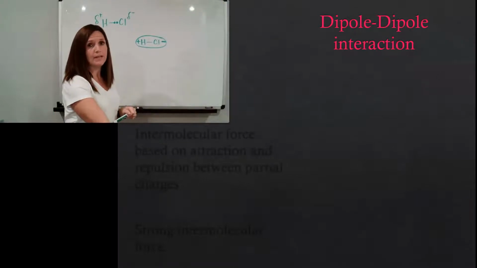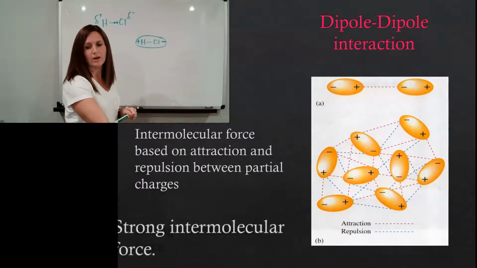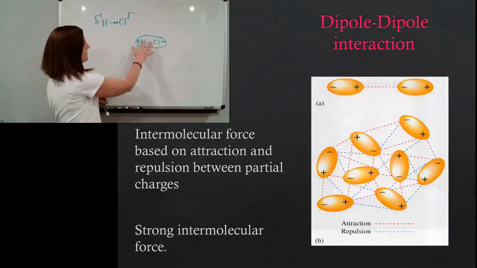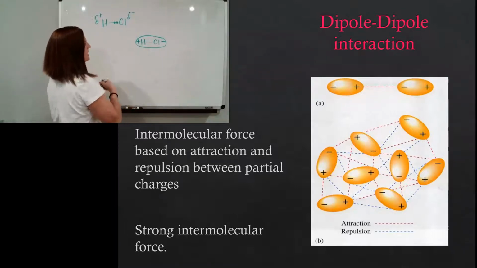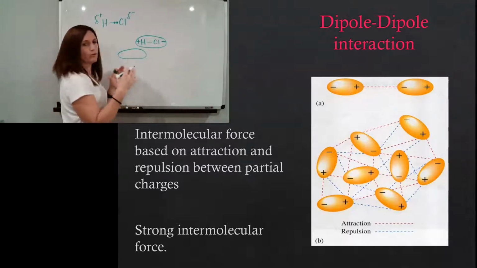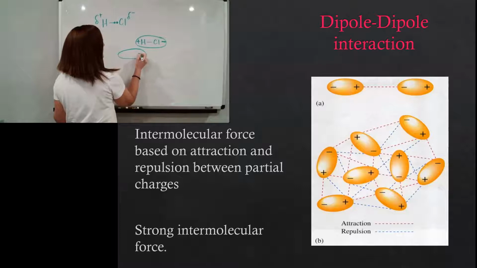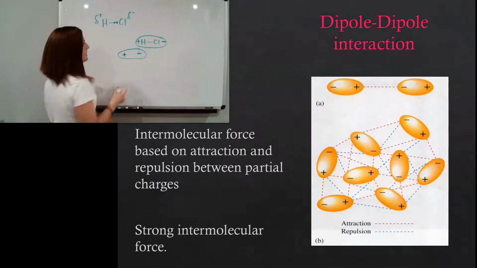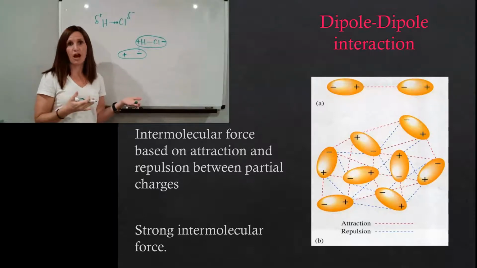In our dipole-dipole interaction, what we're going to see is that these positive and negatives, and I'm going to stop drawing the H and the Cl on the inside, I'm just going to draw the outside, that looks like a little pill, and we see that the negatives are going to line up so that they are attracting the positives, opposites attract.